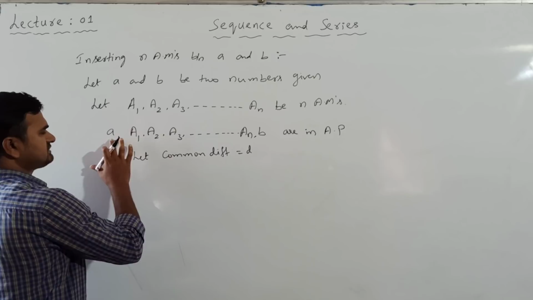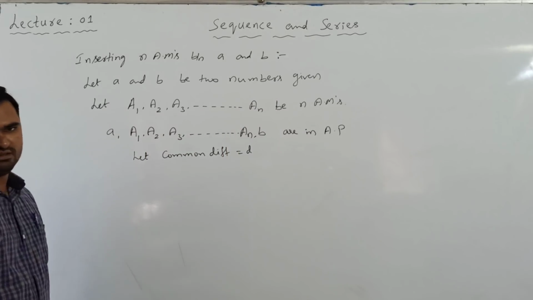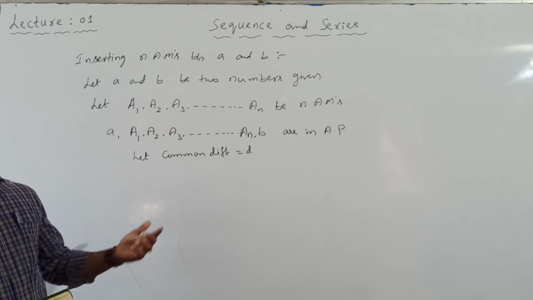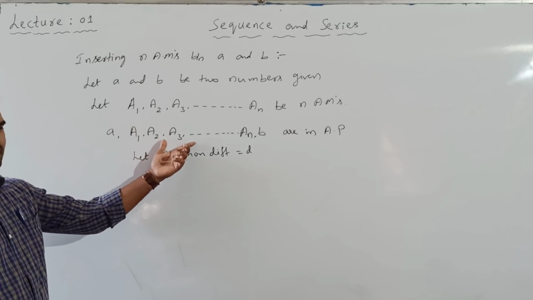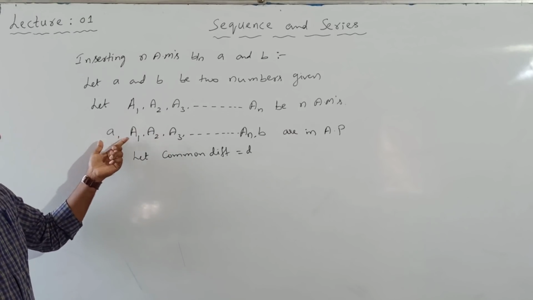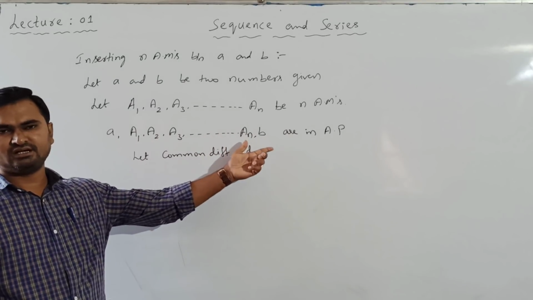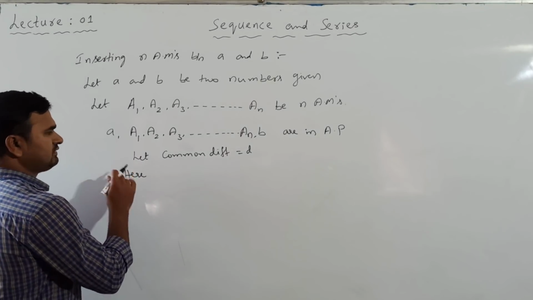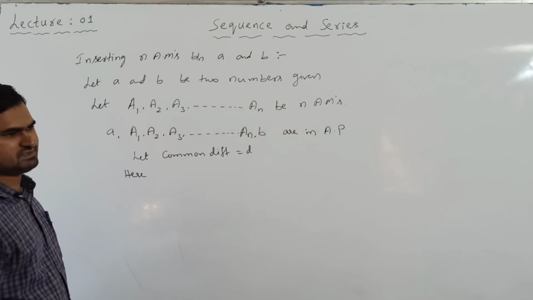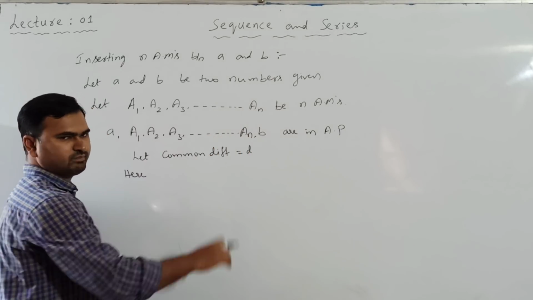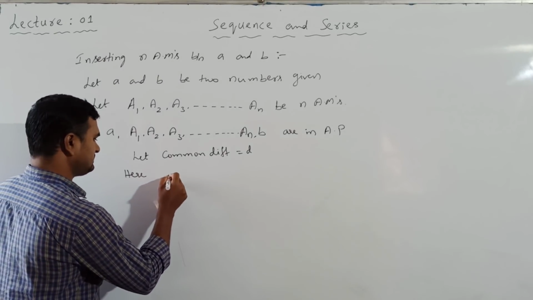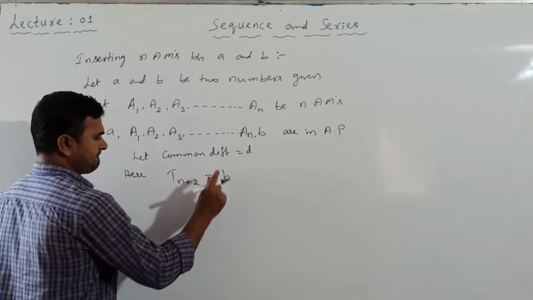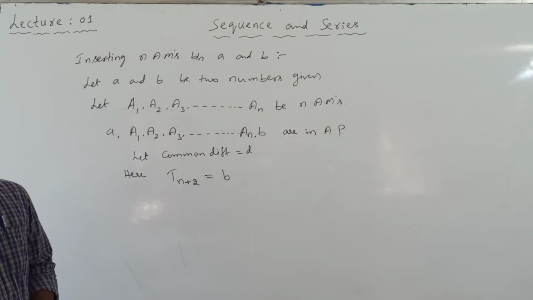Now you can see the first term is a, the last term is b. Observe which term b is for this arithmetic progression. N numbers are inserted between a and b, so total how many terms are there here? N plus 2 terms. So b is the n plus 2th term. T n plus 2 is b.